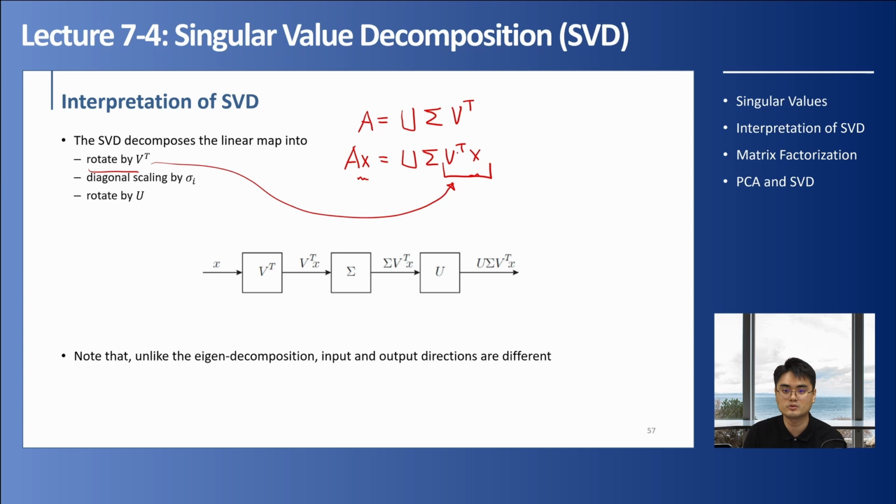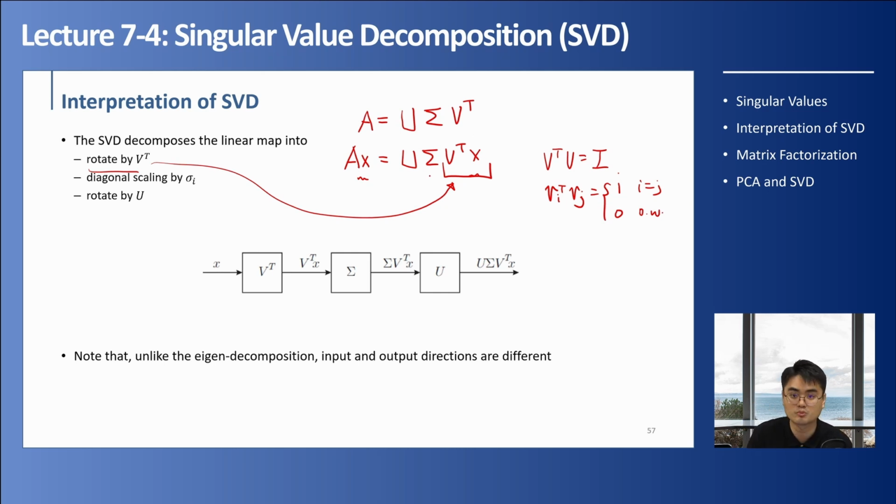V transpose is filled with unit vectors. So V transpose V is an identity matrix, and every V_i transpose V_i will simply be 1. That means this will not affect the magnitude. It will only do some rotation.